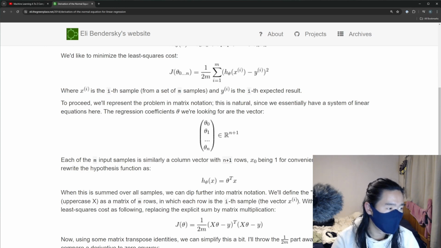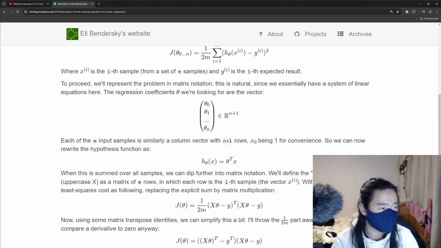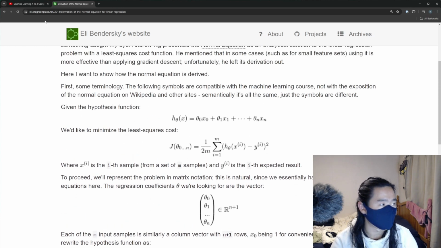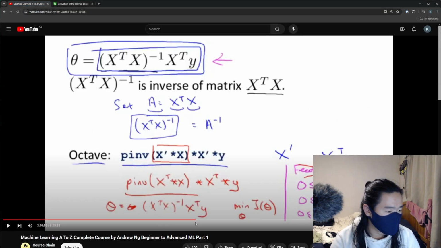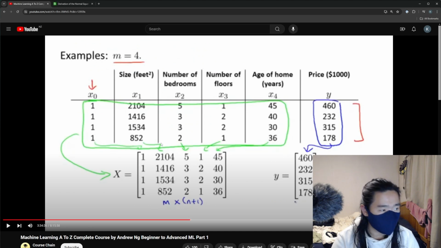So to proceed, we're going to put this all into matrix notation, such that we have a system of linear equations here. Essentially what that means is we're going to be doing this, where we're stacking it all together.